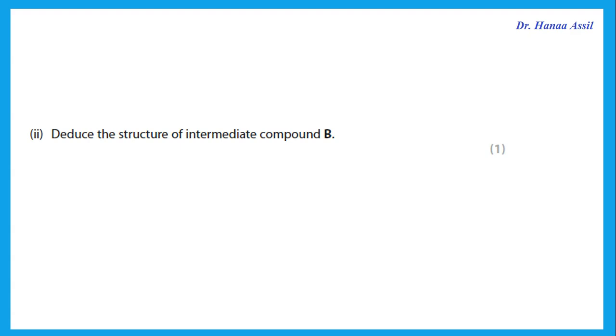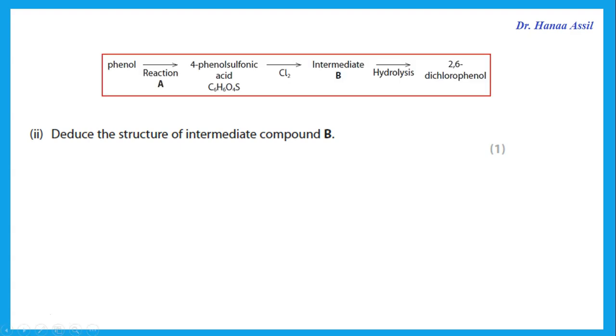Deduce the structure of intermediate compound B. Now, what is the reaction again? We have the 4-phenol sulfonic acid; first of all, we're starting with the phenol, and we added the reaction A to form the 4-phenol sulfonic acid.